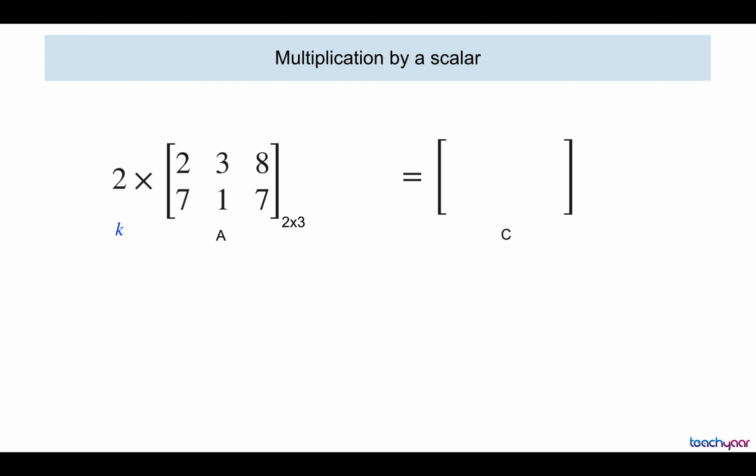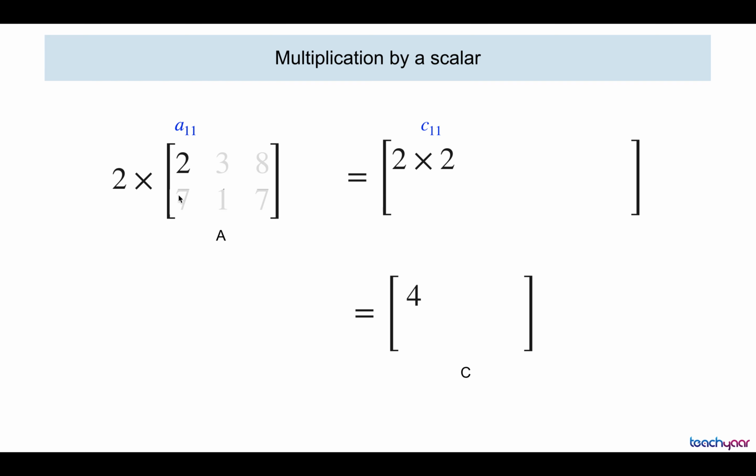So we assume that what you get by multiplying this matrix with the scalar, in this case 2, is a matrix C. Okay, so this is the notation I'll be using. So let's start with the first element.